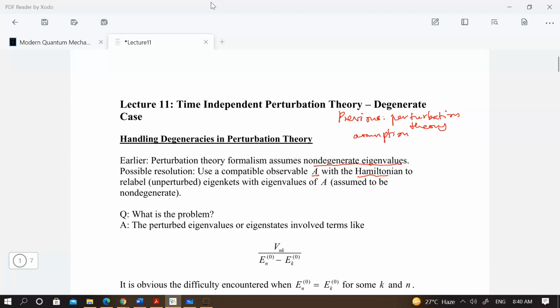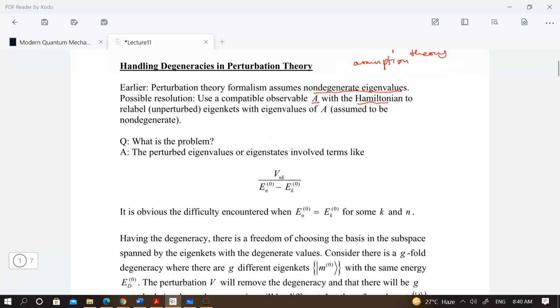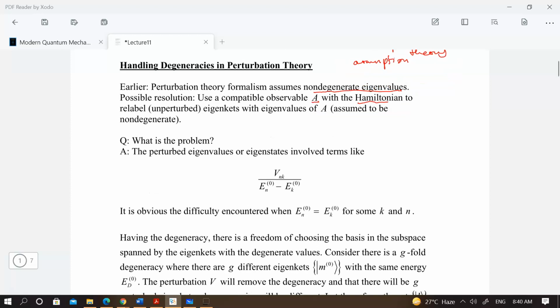But that doesn't quite solve what we need. For example, when we talk about energy shifts, the energy shifts involve the eigenvalues of the energy, and if there are degeneracies, then one needs to deal with that specifically. So what is the problem? If you look at the previous notes on perturbation theory, we have terms like this appearing in the corrections to the energy shift and also the eigenstates.